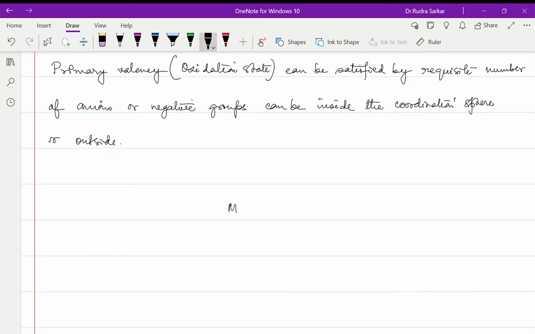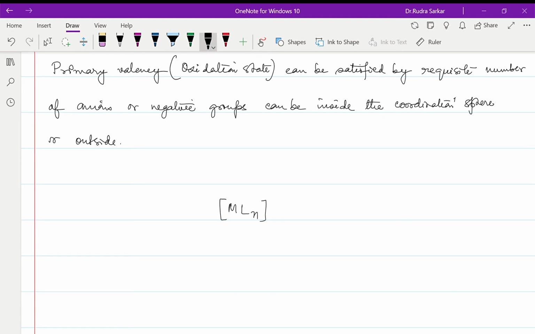So if I say M is the metal, L is the group or the atom, and N in the subscript indicates the number of ligands, atoms or groups surrounding this metal in the coordination sphere, or inside the secondary valency.